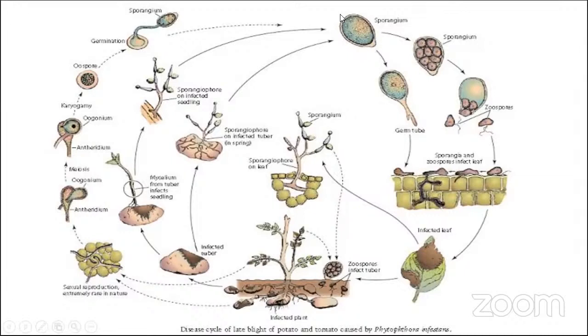So it is a papillate sporangium, and there are two ways of germination of the sporangium, based on whether the environmental conditions are suitable or not. When the conditions are suitable, the sporangium germinates and directly forms the germ tube and infects the leaf tissues.